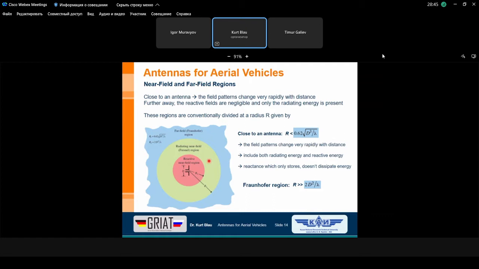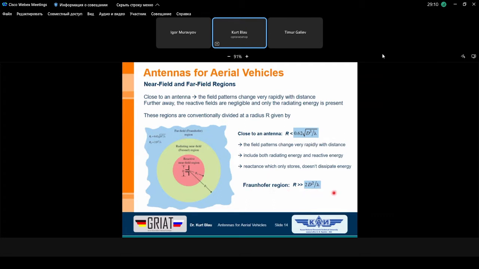Then we have, let's say, a between region with a high part of imaginary energy, but also a certain amount of real energy. It radiates outside. This is the so-called Fresnel region. Outside of this region is the so-called Fraunhofer region or far field.